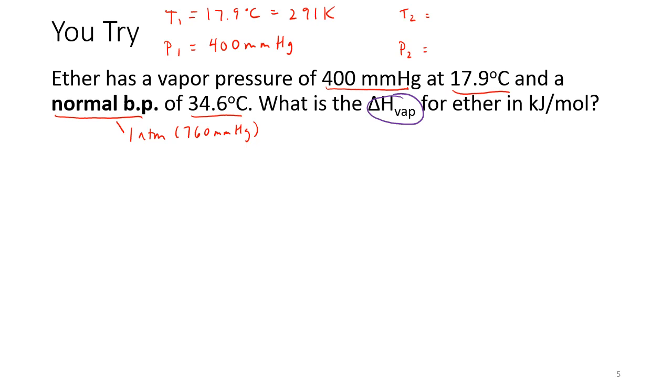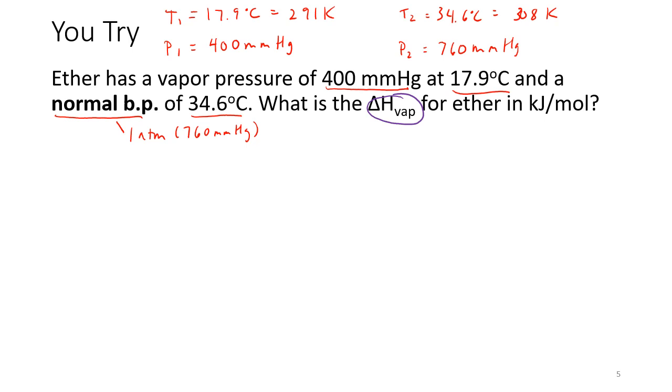So our T2 is going to be 34.6 degrees Celsius. Converting that into Kelvin, that's approximately 308 Kelvin. And our pressure will be 760 millimeters of mercury, so P sub 2.